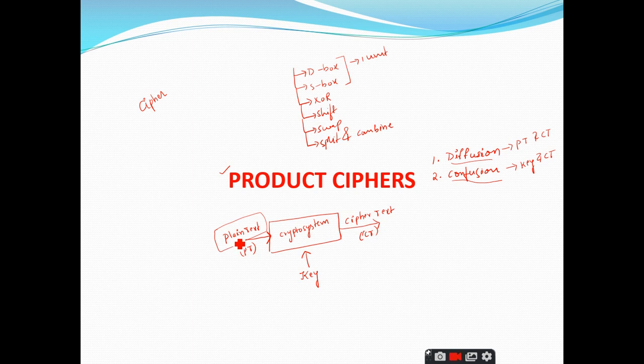But when this plain text is sent as it is by making use of the communication channels, there may be a probability that the third party unauthorized user can access the communication channel and he can get the plain text. So in order to make this plain text not readable by the third party unauthorized users, I am making use of the concept called as encryption, where I will convert this plain text into ciphertext by making use of a key, right?